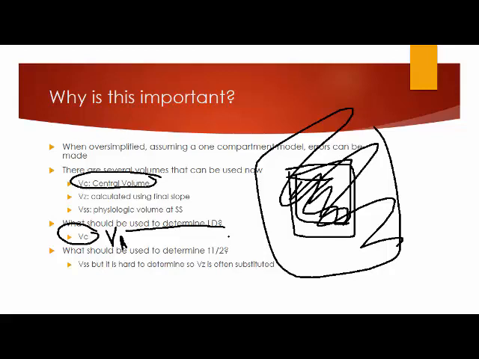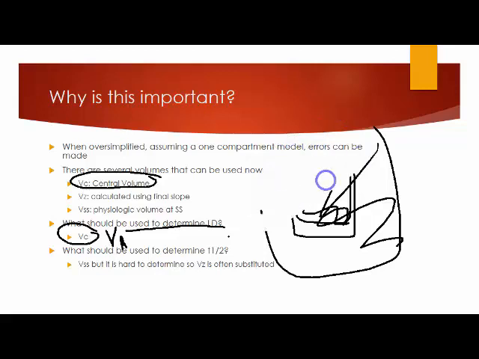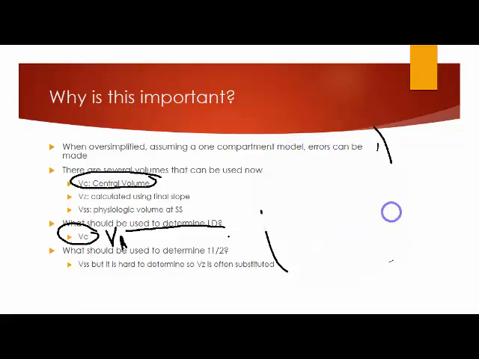So there's that central volume, or where the drug goes initially, which usually corresponds to our first volume. Then there's also what we call V zeta, which is the volume that's calculated using that final slope.